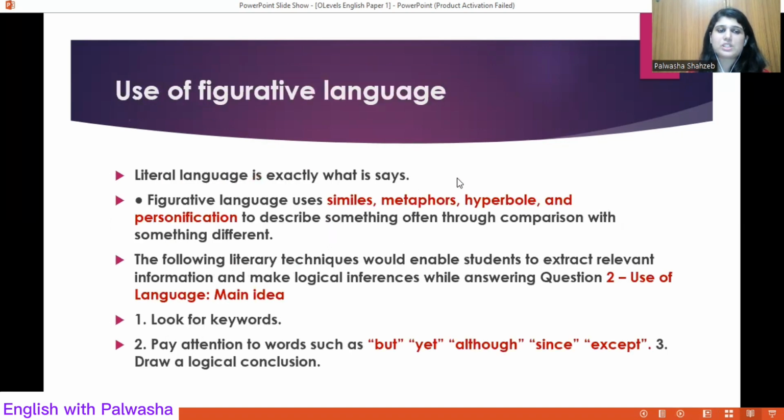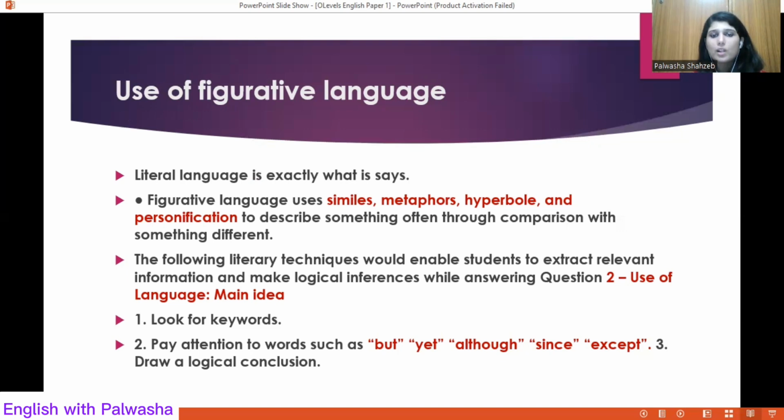Use of figurative language. This is something very important. I am sure you are quite aware, your teachers might have taught you that, use of figurative language, especially in the summary questions. Over there you are requested to embed figurative language, and you can give this slide a reading and get a better idea. Literal language is exactly what it says, all right.